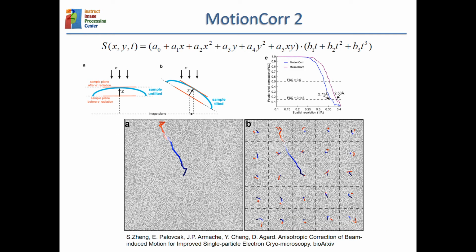MotionCor2 gives more freedom, so it tries to explain the doming in space, and it also adds some time dependence of the doming or the shifts, and at the end this allows for identifying local movements.